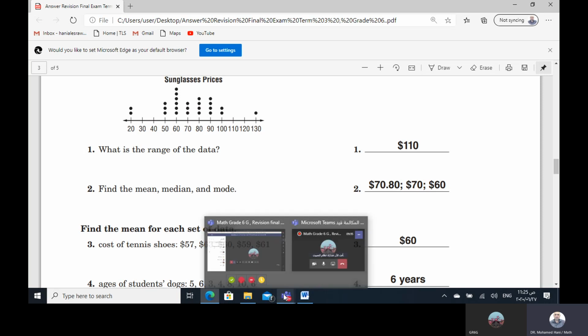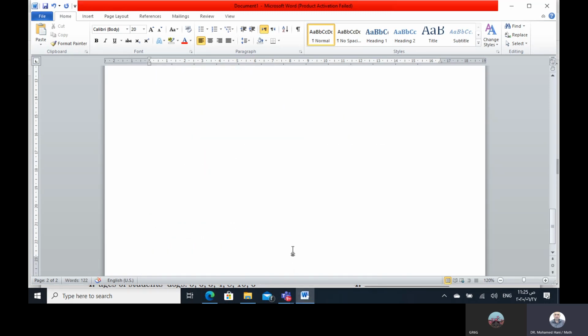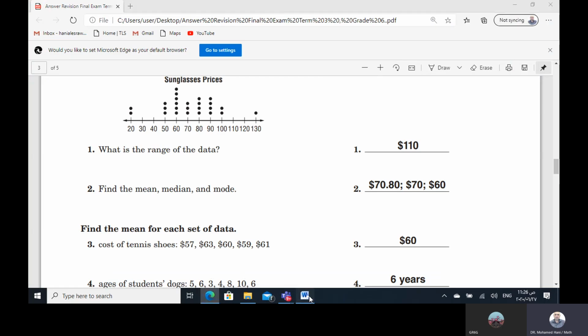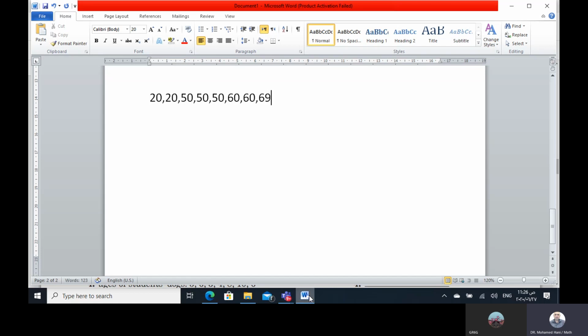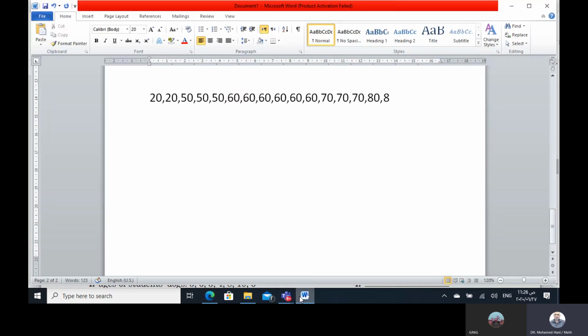So I can write here the data. 20 repeated 2 times, so we have 20, 20, then 50 repeated 3 times, 50, 50, 50, 60 repeated 6 times, so we have 60, 60, 60, then 70 repeated 3 times, so 70, 70, 70, 80 repeated 4 times, so 80, 80, 80, 80.